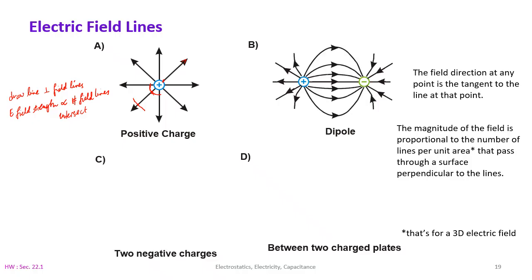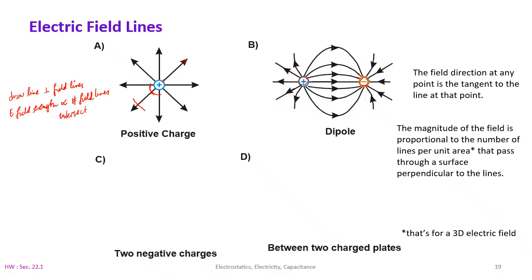Here's a dipole, which means we have a point positive and a point negative charge. You can see when it comes to the negative charge, all the field lines end on it. So all the arrows point towards the negative charge, and they end there. Some of the field lines are curved, and we can use those to find the direction of the electric field anywhere as long as it's on an electric field line.